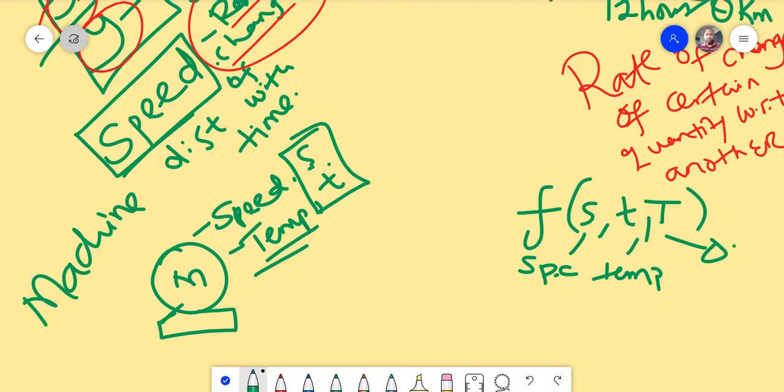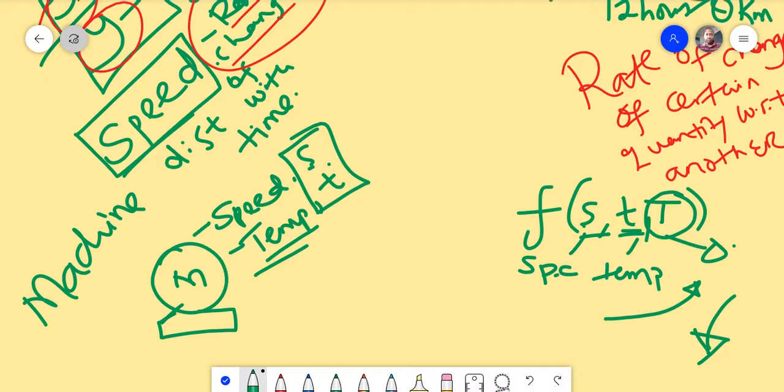Here we see that speed and temperature are all varying, all changing with respect to what? To time. So we can have two separate differential equations. If, for example, we want to see how speed changes with respect to time, like if it's increasing or reducing as time goes by, we can have a differential equation.